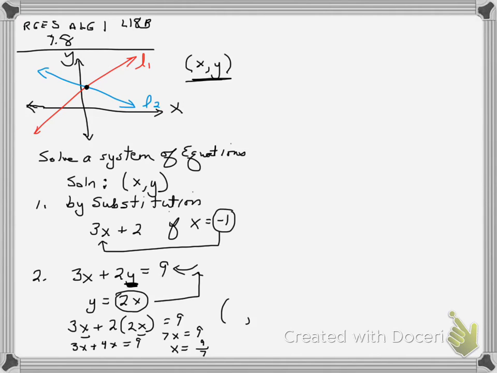So my x value is 9/7, and now I have to find my y value. The easiest way in this example to find the y value is to plug into the equation that says y equals. Well, y equals 2 times the x. If x is 9/7, then the y is 2 times that, or 18/7. And this is my solution.